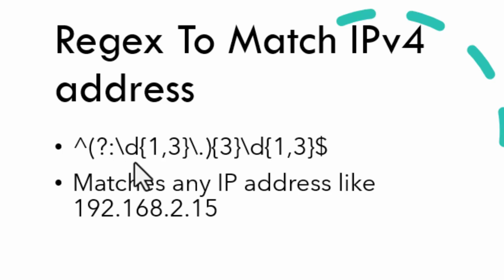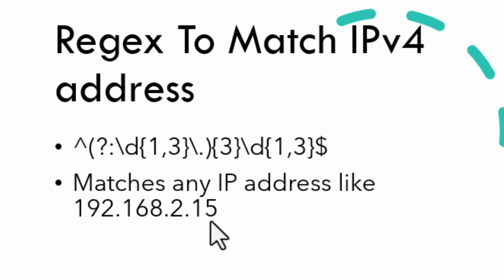Okay, so our expression in this group in total would match up to three-digit numbers followed by a dot character. With our example input string, this portion until here is going to match 192.168.2.